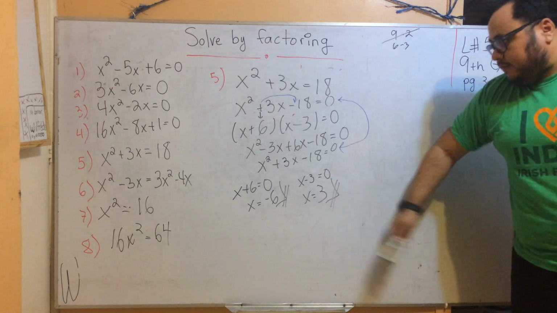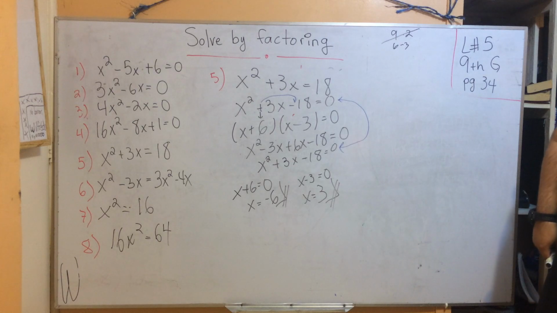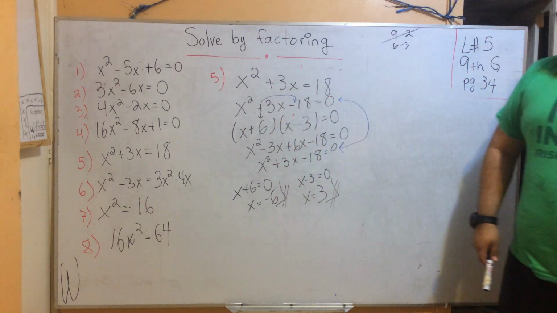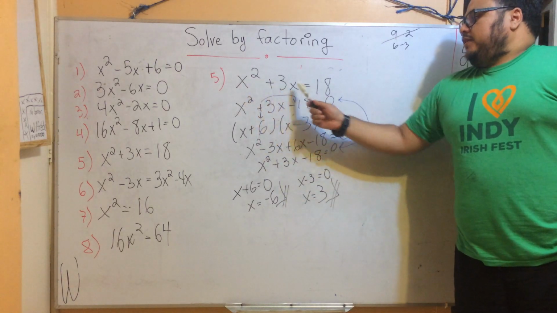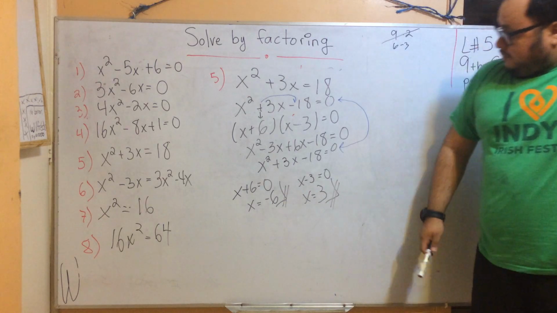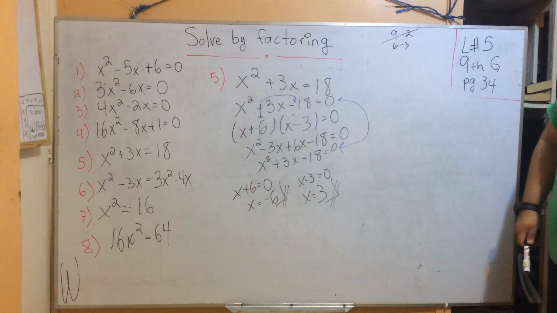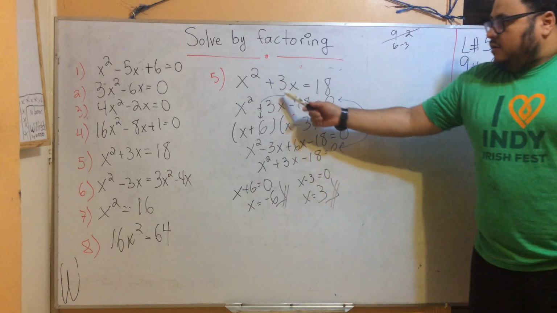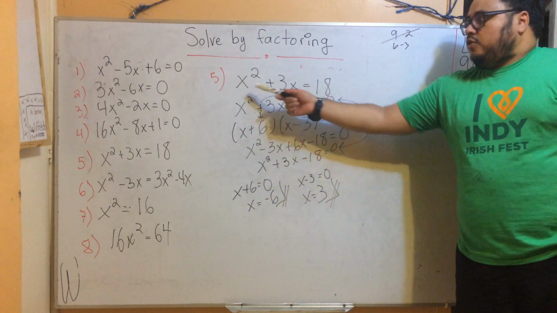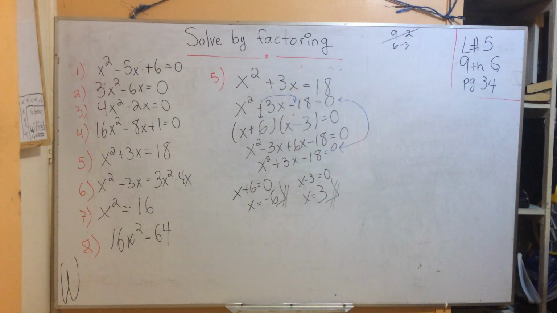Let's try 3. 3 squared, 9, plus 3 times 3, 9. 9 plus 9, 18. Let's try negative 6. Negative 6 squared, 36, plus 3 times minus 6, minus 18. So 36 minus 18, 18.